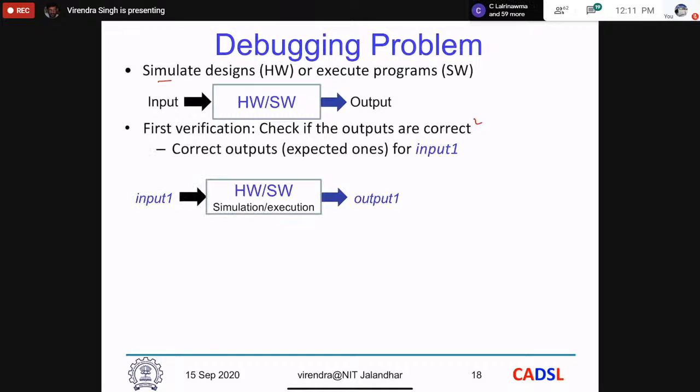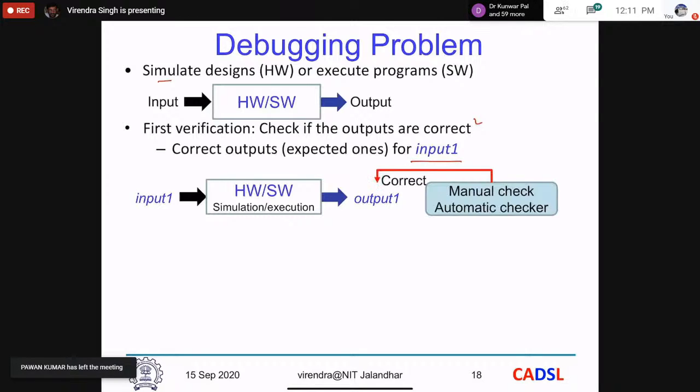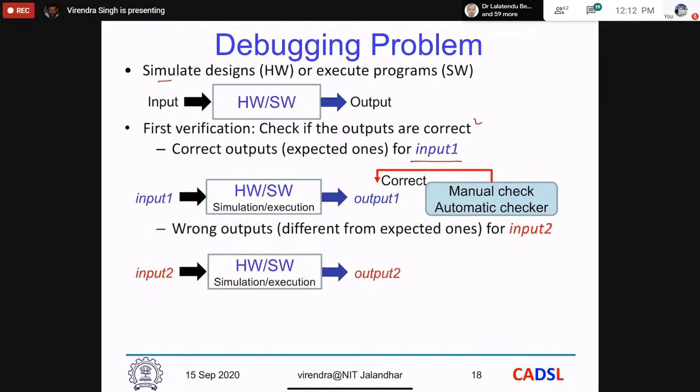Let's say for input 1 I get the correct output. You do this manual check or automatic check, and I find some other input, a second input, for which it is not the same. So now at least one is in error.